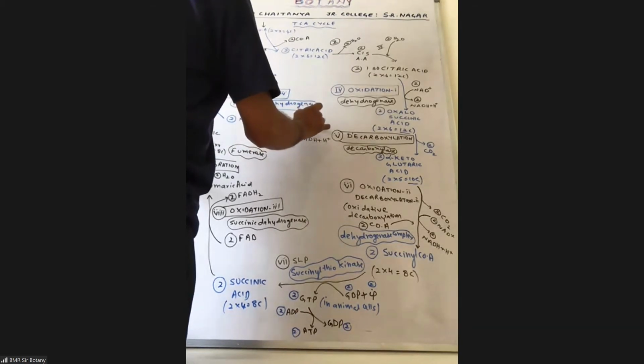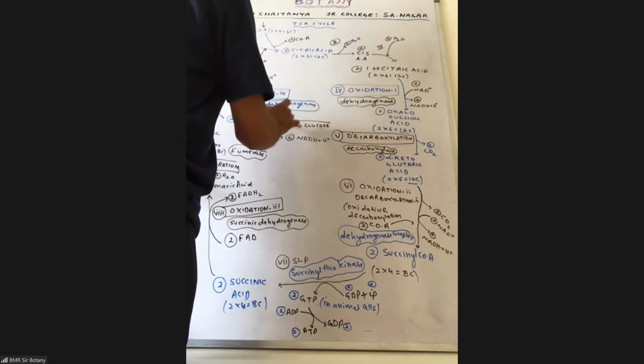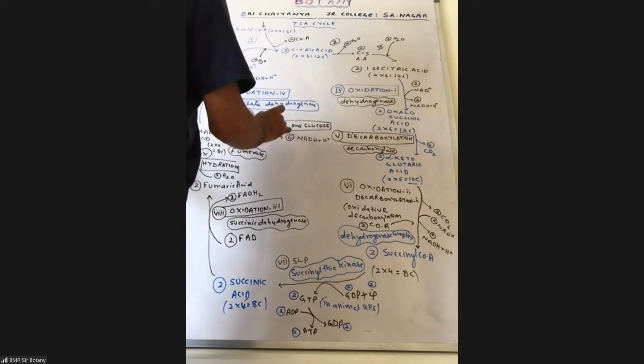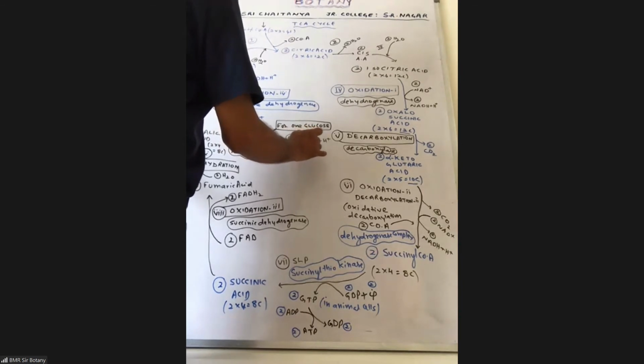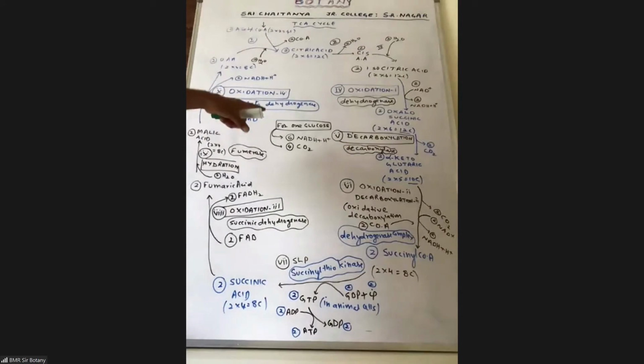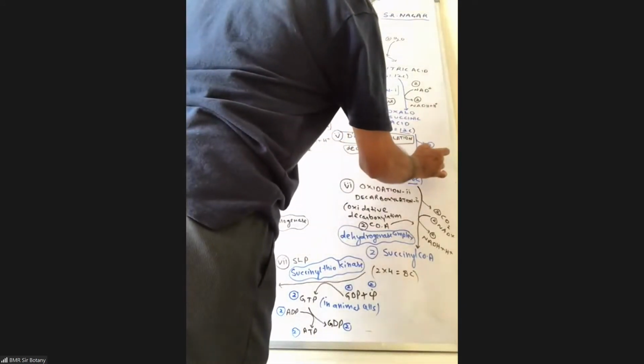the yield. How many carbons released out as CO2, Nana? 6 CO2. From TCA cycle. 4. 4. Here 2.